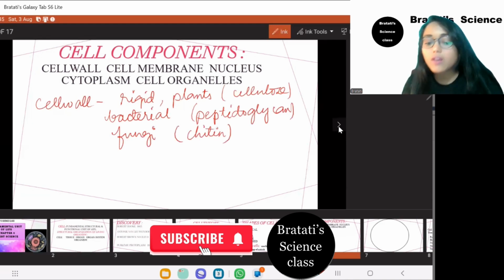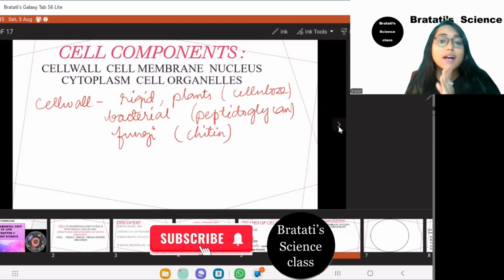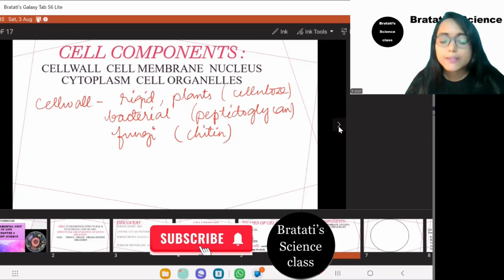So it's the cell wall of fungi, which is called chitin. The cell wall is not present in animal cells. Again I'm repeating, it's not present in animal cells.